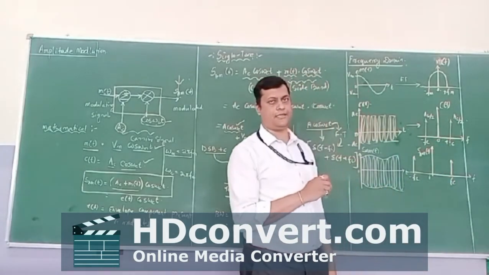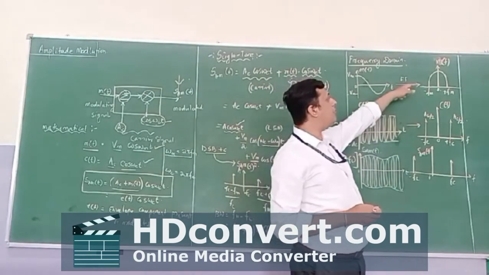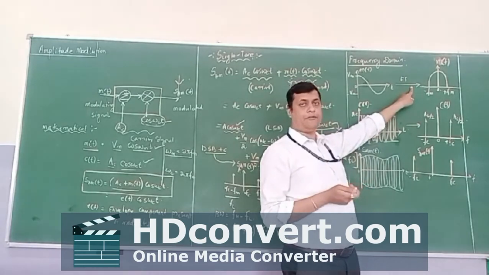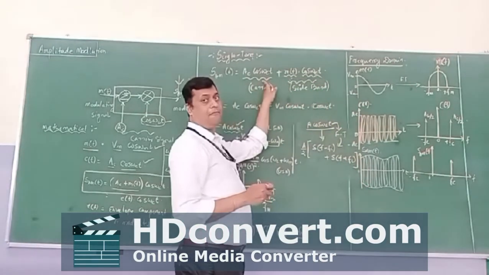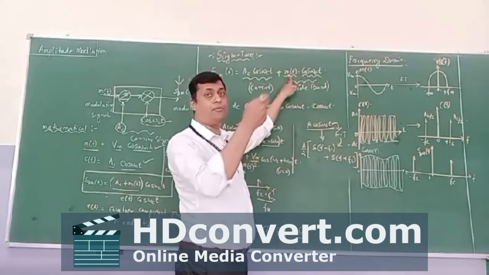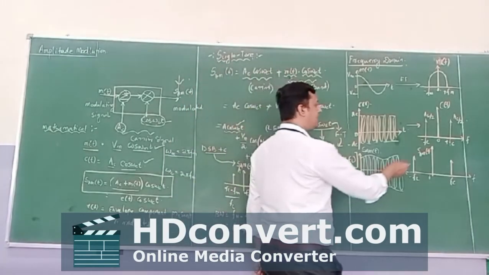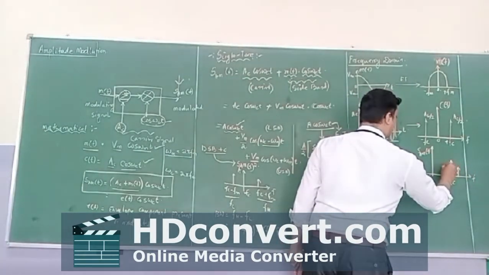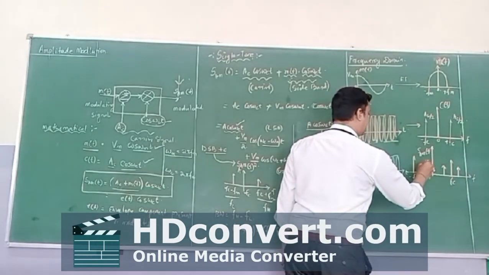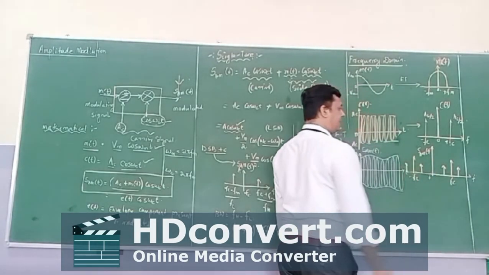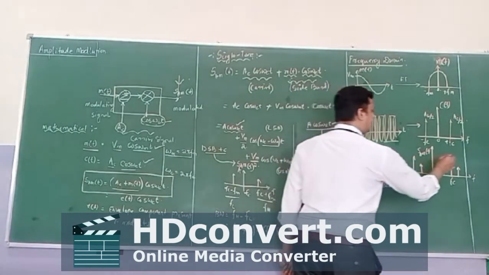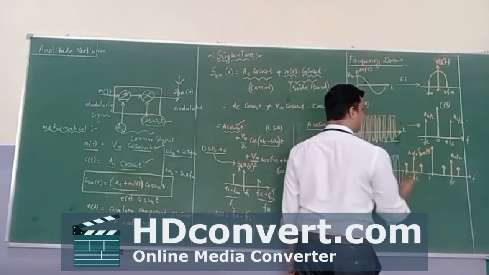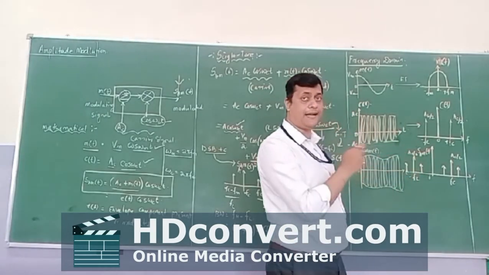So the frequency is available at plus fc and minus fc. Now when this carrier is modulated with the modulating signal, what do we get? The carrier is available, plus the modulating signal is imposed on the carrier component, giving an upper segment and a lower segment. The carrier amplitude is Ac by 2, present at plus fc and minus fc.